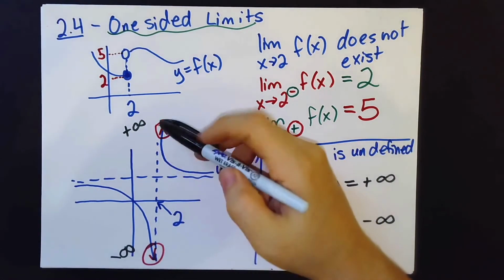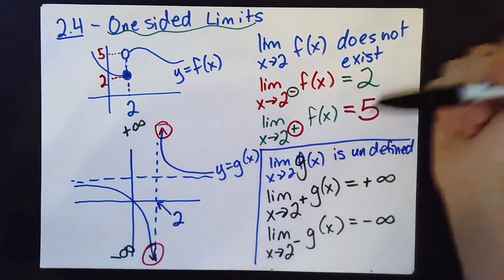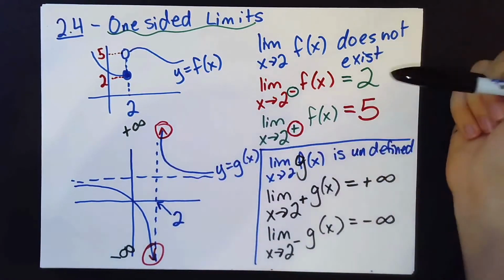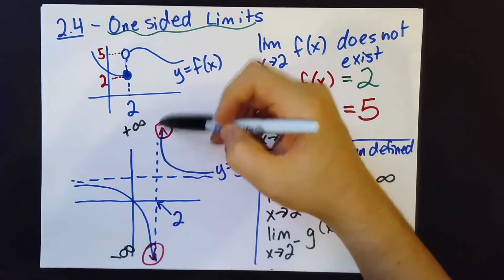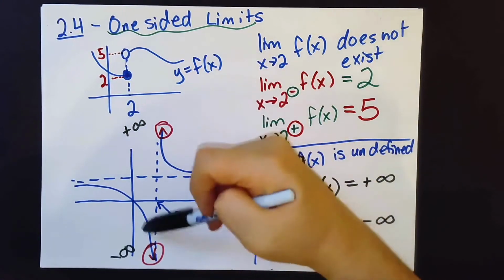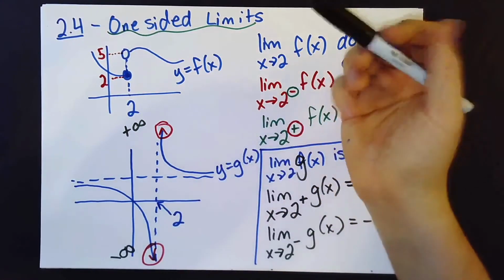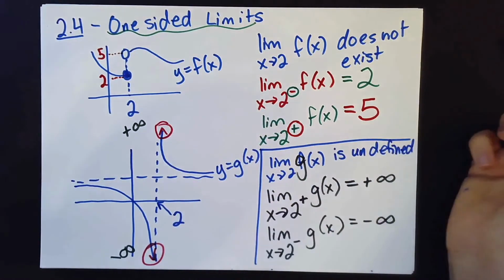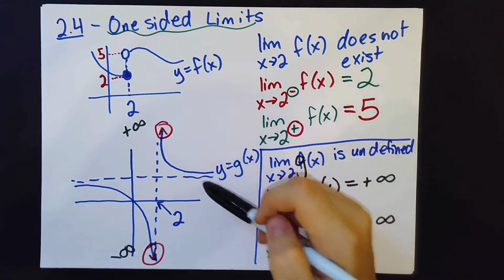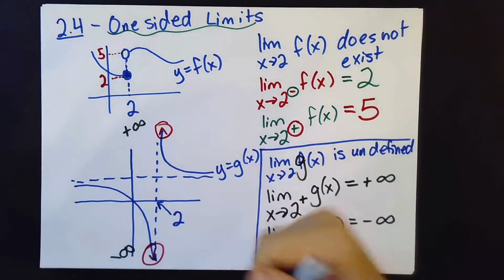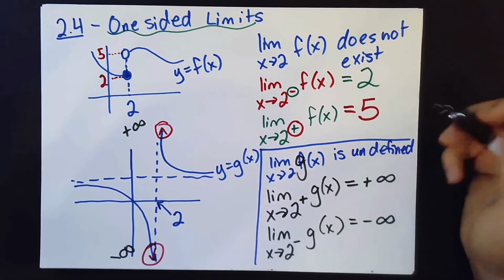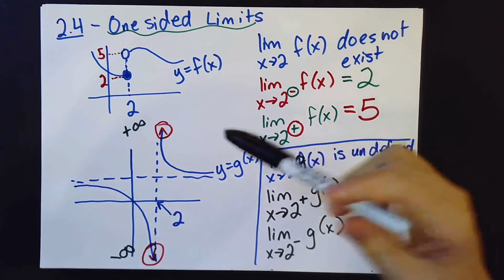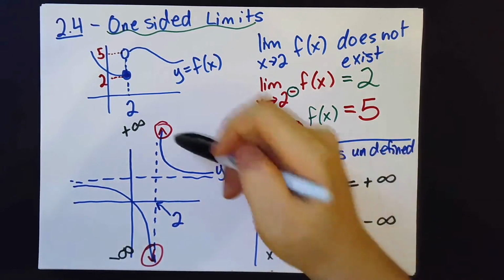And so even if you have one of these asymptotes like this, you might end up with a bunch of different splits, where the right-hand side could be going off to plus infinity and the left-hand side off to minus infinity, like we have here. It could be reversed. This side could be running off to plus infinity and this one to minus infinity. Or it could even be that they both run off to minus infinity or both run off to plus infinity. And one of the benefits of talking about one-sided limits is it lets us talk about that.